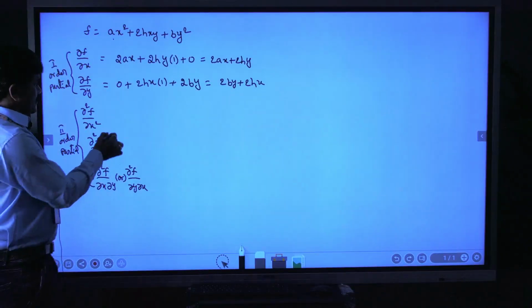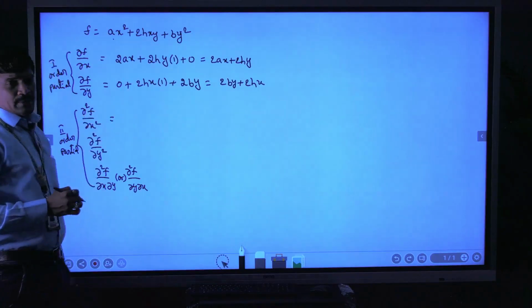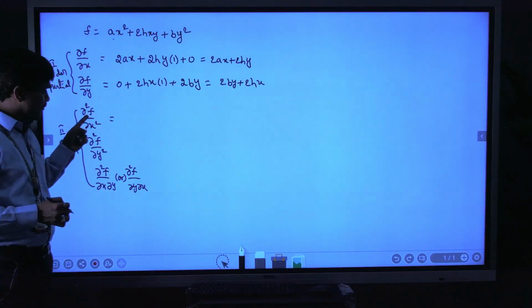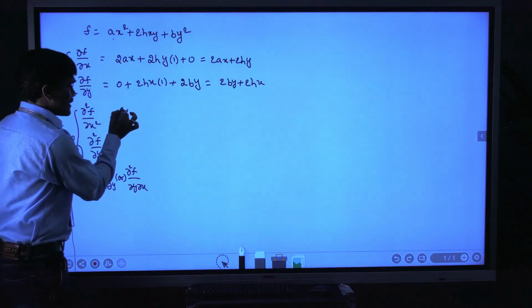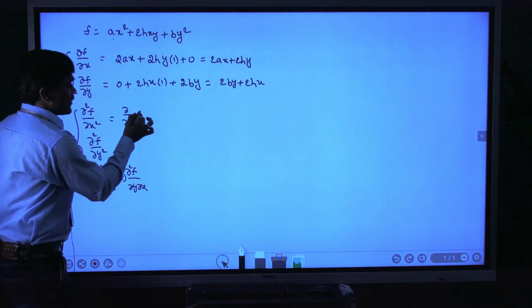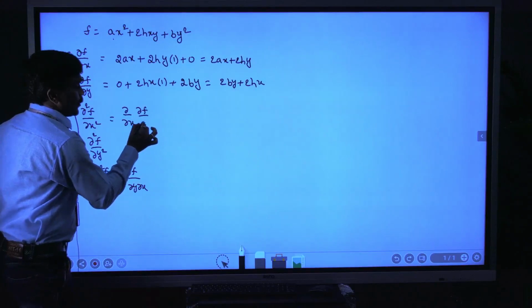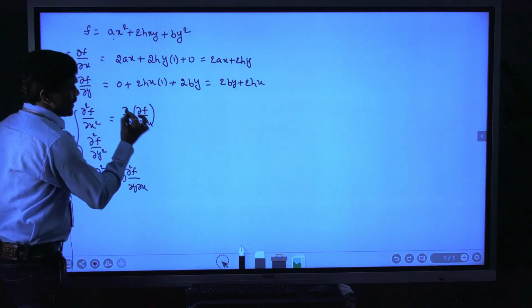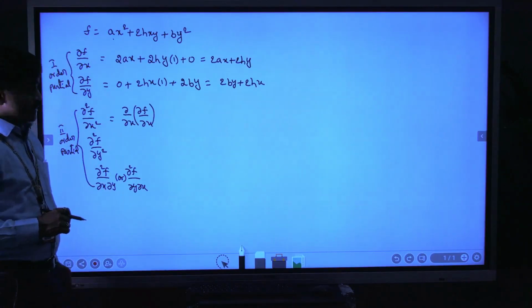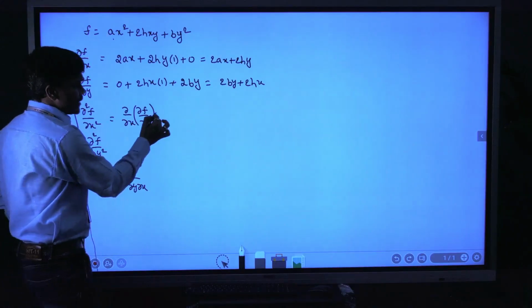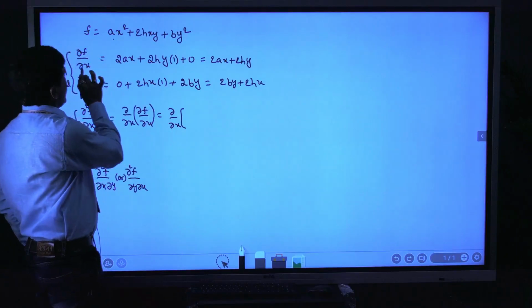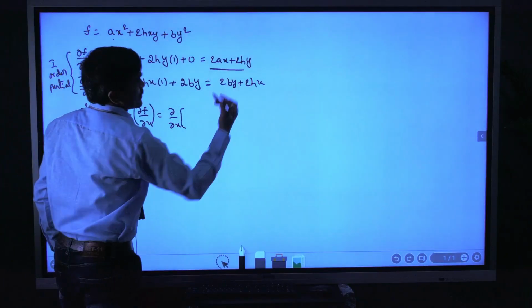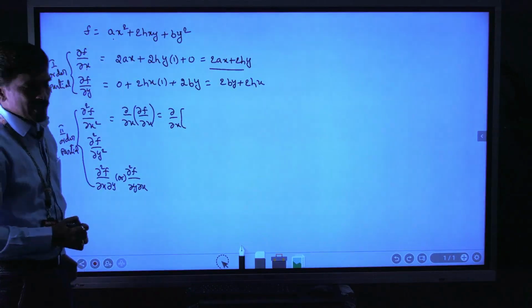Now go to second order partial derivatives. Dou square f by dou x square is a second order partial derivative. This can be written as dou by dou x of dou f by dou x. We have already found dou f by dou x, which is 2ax plus 2hy.